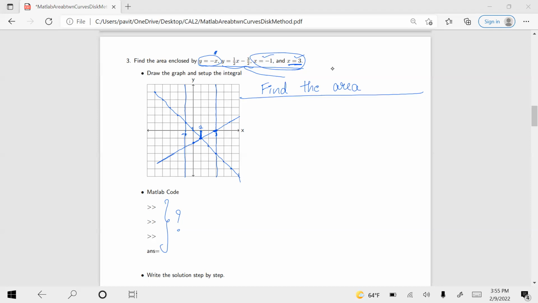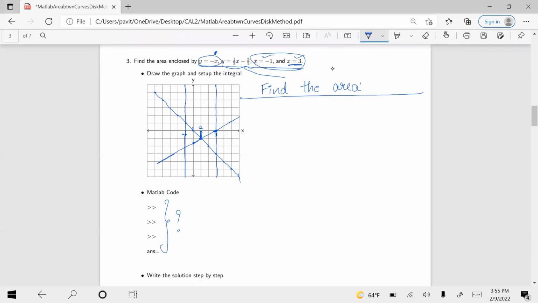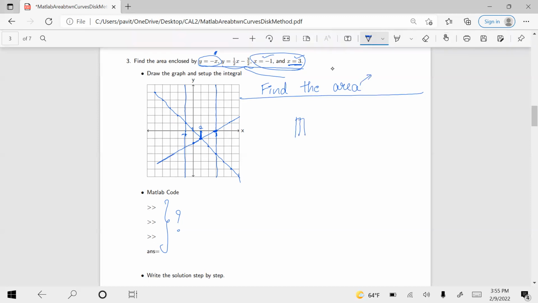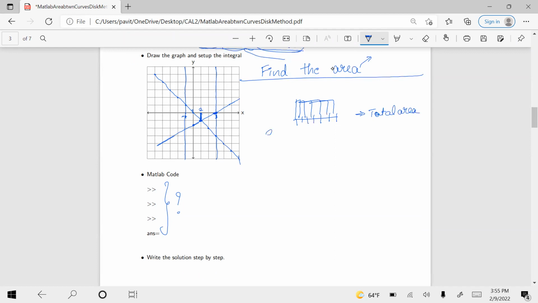Remember, finding area is like summing up, right? You're going to sum up everything, all this part. Remember the first lab, you're going to add each and every space here, and that will give you the total area. Whenever you have a concept of summing up, that means you are going to integrate.